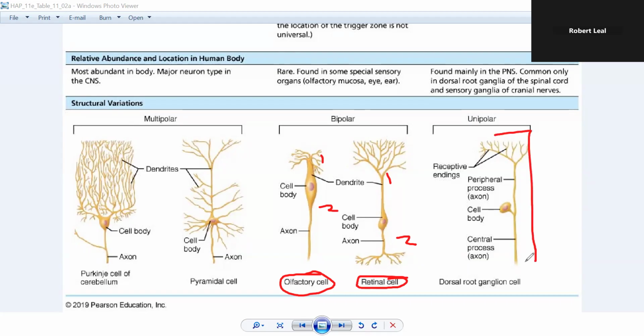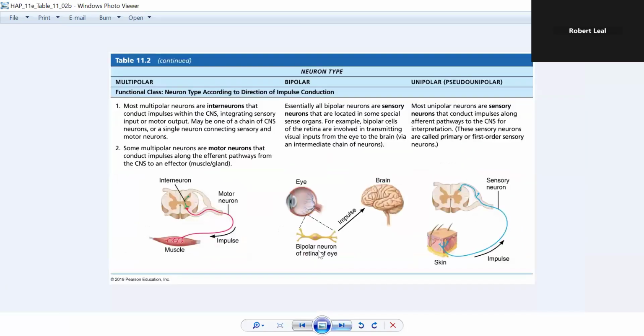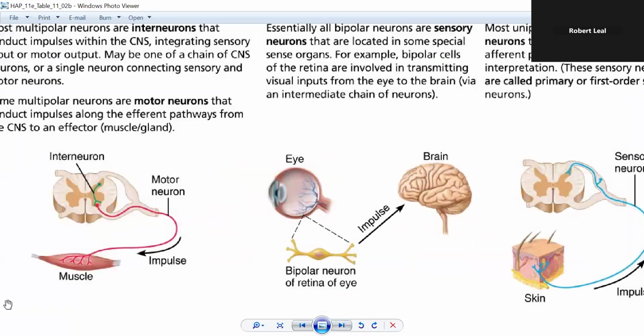The unipolar neuron, you'll find it outside the spinal cord where you got a cluster of cell bodies outside. Remember, that's called ganglion. So these type of neurons, the cell bodies are located in what's called dorsal root ganglion. So just to kind of give an area where each type you may find and what location.